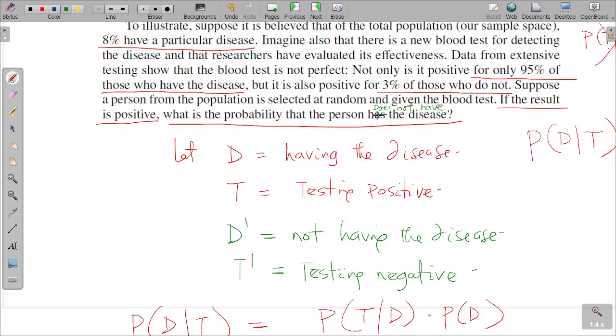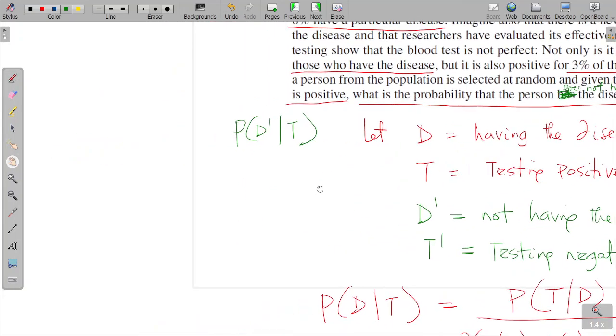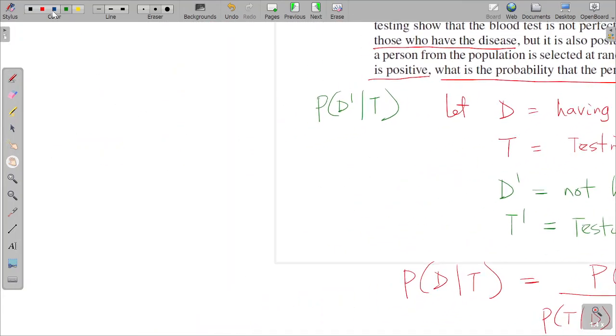That means we are looking for the probability of D naught given T, the probability of not having the disease given T. Let's find the Bayes formula for that and calculate it also.